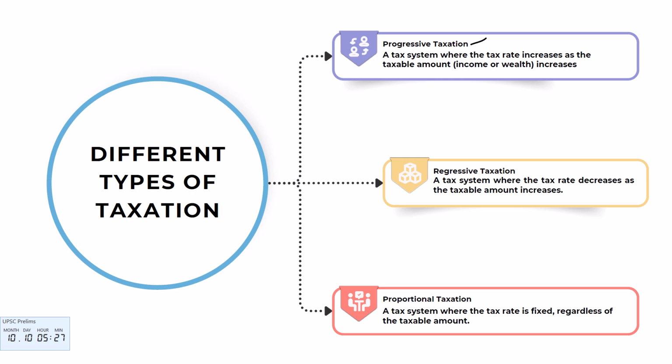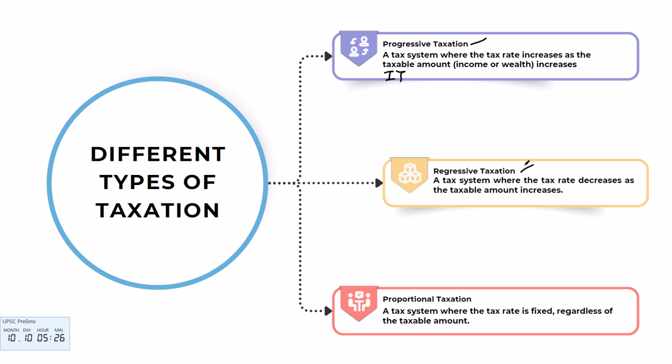If they increase, the tax you pay also increases. It aims to reduce income inequality and achieve social equity by redistributing wealth. See, income tax in India is a progressive tax with different tax slabs and higher rates for high income brackets.